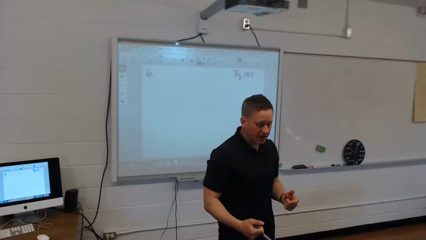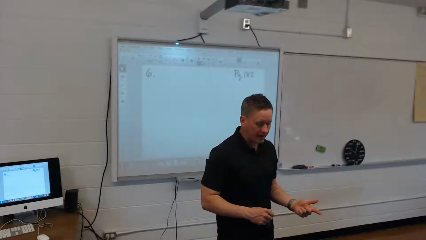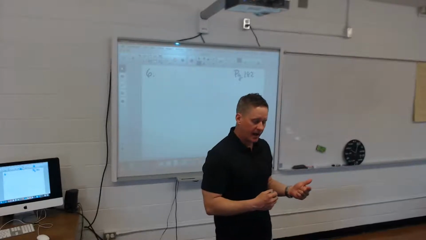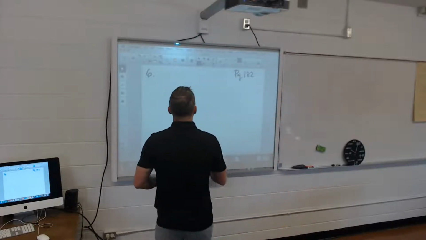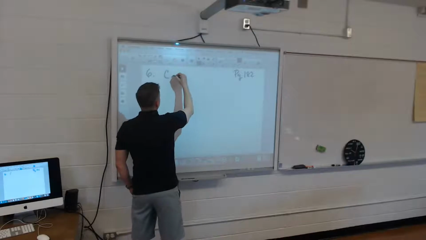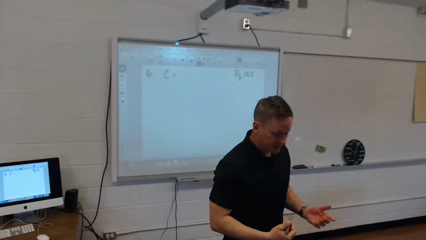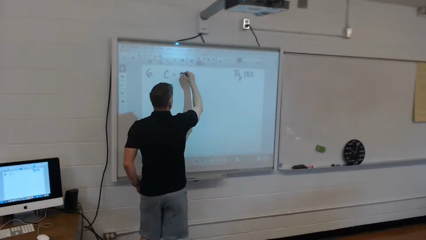Now, mathematically speaking, this is where we want to find our slope and our y-intercept in order to compare the lines, and then we can get a better idea as to what is the better option. So if I let my dependent variable, C, be the cost, then I have my slope.